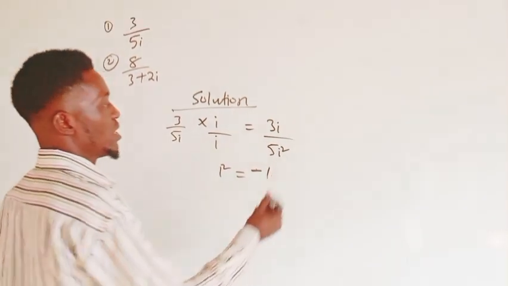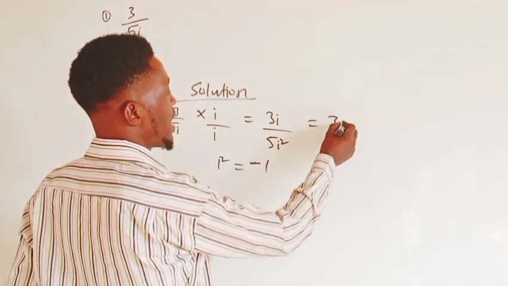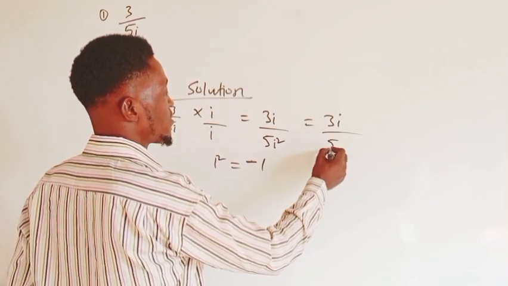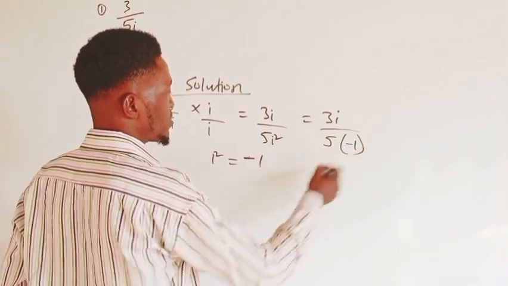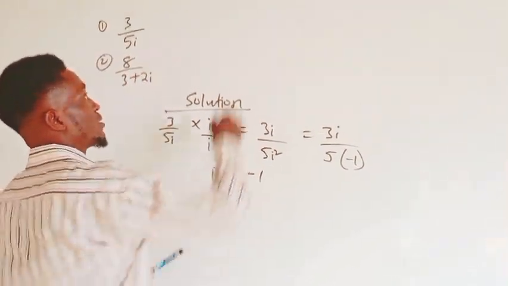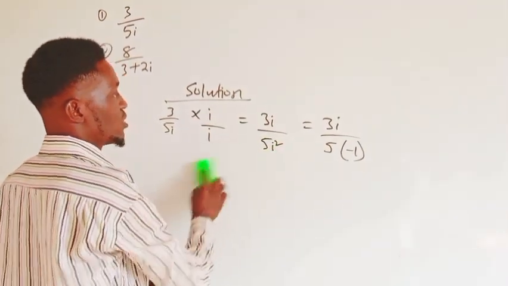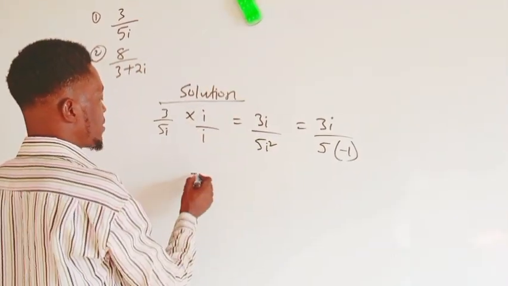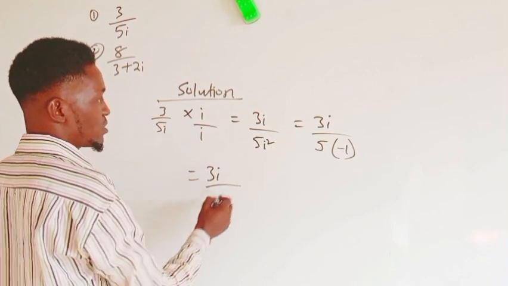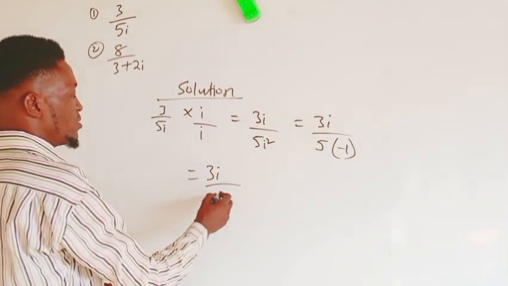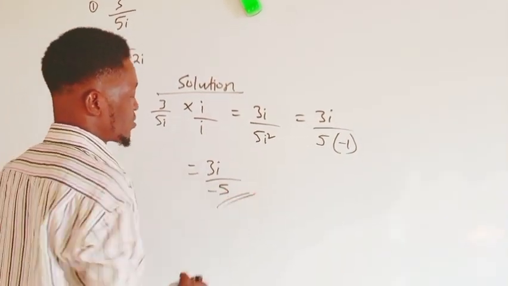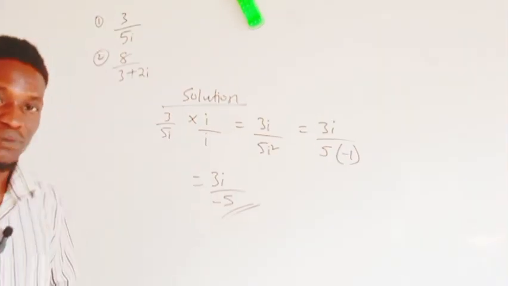So you're going to have 3i everything over 5 bracket minus 1. Okay, so essentially I'm writing 3i over 5 times minus 1, which is minus 5. Okay, so this is our final answer to question number 1.